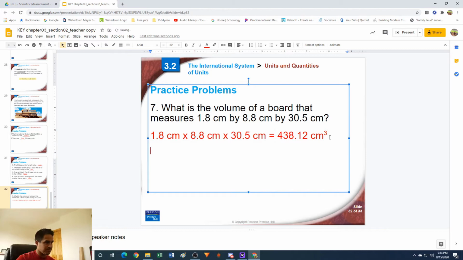So that means we should keep the 4 and the 3. The 8 will round the 3 up to a 4. So this is going to become 440 cubic centimeters. So this is 2 sig figs. The 4 and the 4 are significant. The 0 is not. Our final answer should be 440 cubic centimeters.